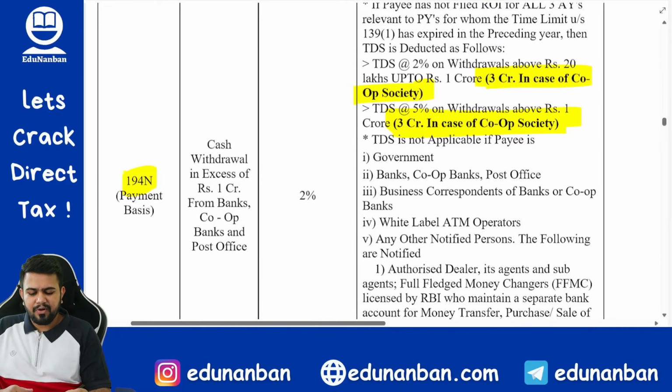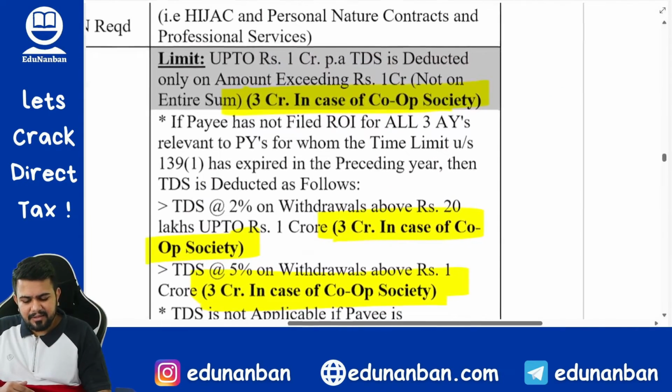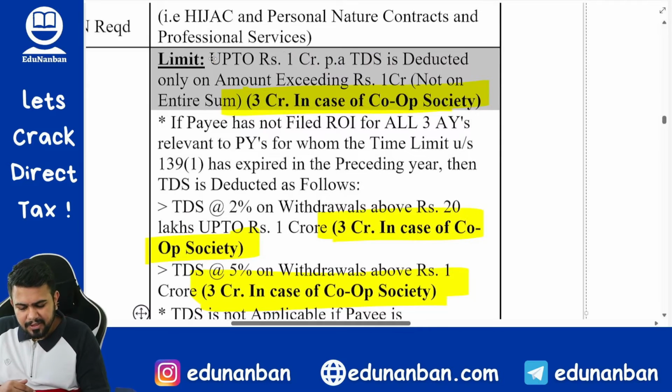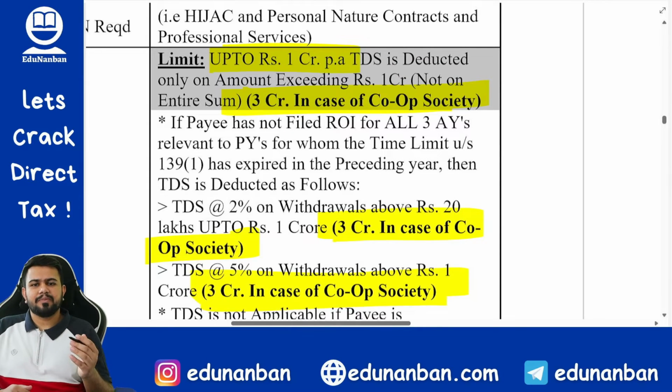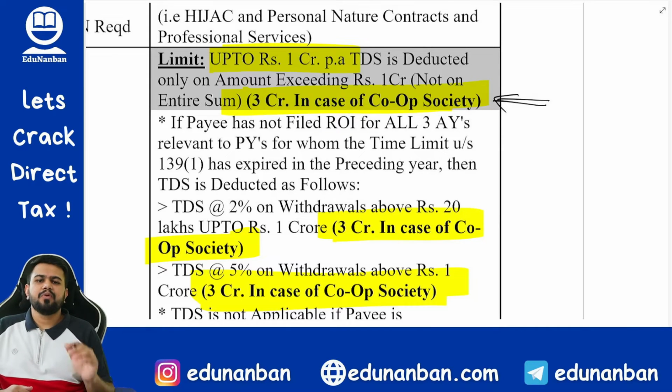In 194N, that is TDS on cash withdrawal, we had learnt the limits. What was the limit? Up to 1 crore, no TDS used to be deducted. Now for cooperative society alone, that 1 crore limit has been increased to 3 crores.